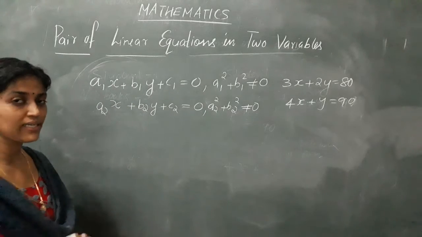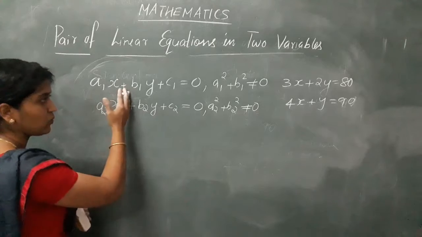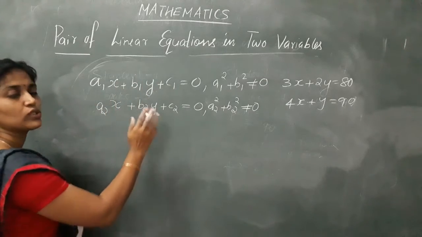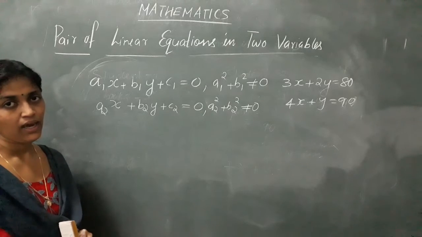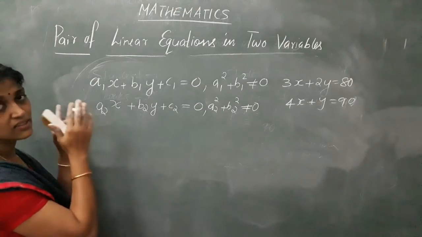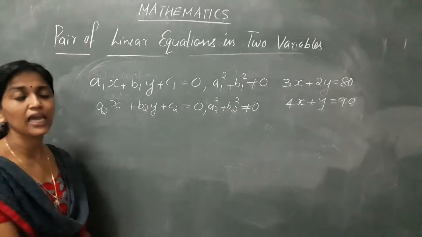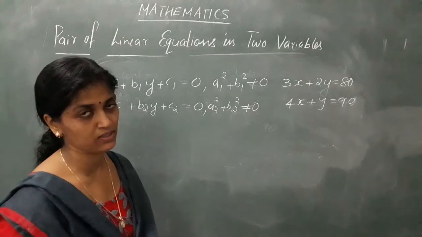We have also studied that a1, b1, c1, a2, b2, c2 are all real numbers. And this is the algebraic method of representing a pair of linear equations.